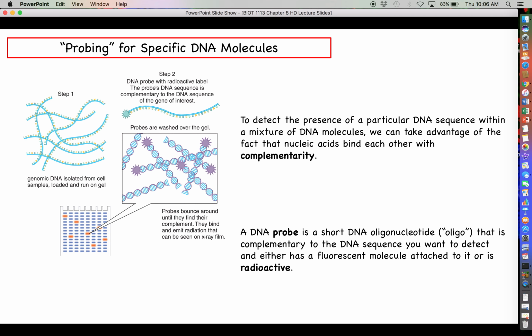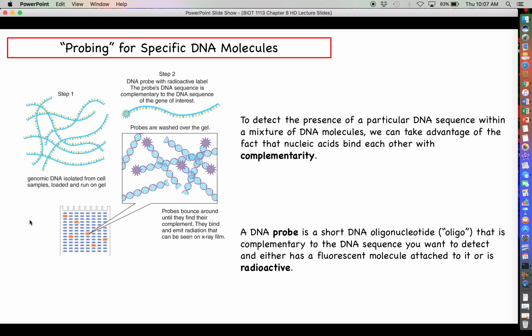So a DNA probe is just a very short piece of DNA, an oligonucleotide, or sometimes colloquially called an oligo, that is not only complementary to the DNA sequence that you are looking to detect, but it also is labeled. It is either radioactive, and we can pick up that radioactivity with a Geiger counter, or it has some type of fluorescent molecule attached to it, which is what you can see in the picture here.